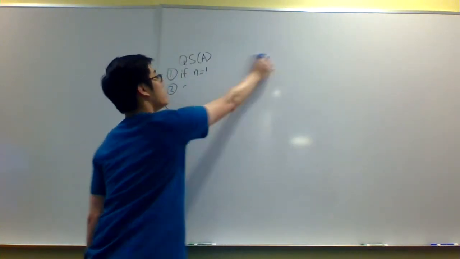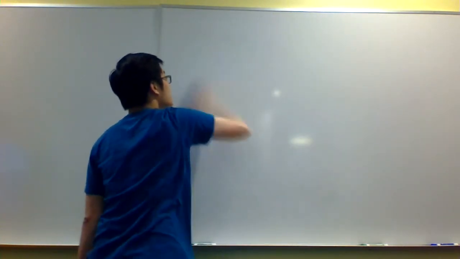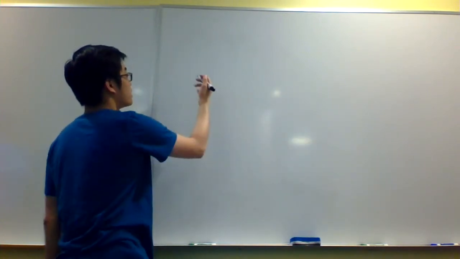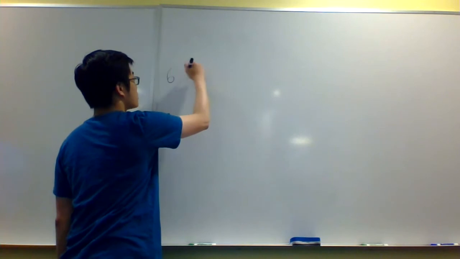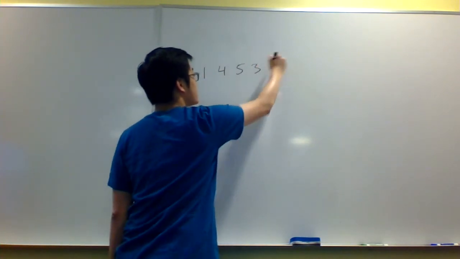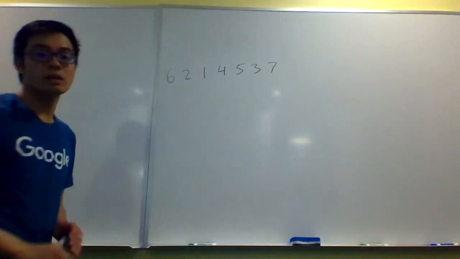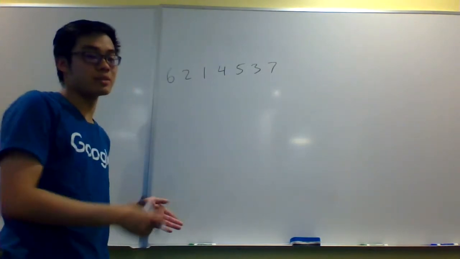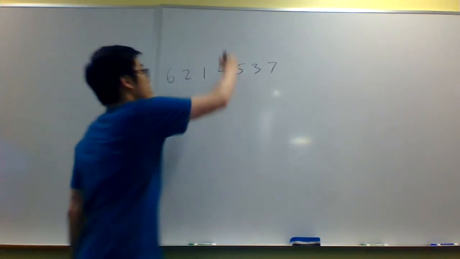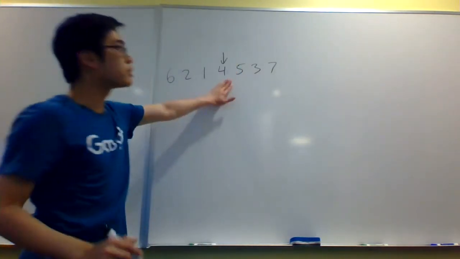We'll just look at the integers 1 through 7. They're given to us in some random order, right? Let's say 6, 2, 1, 4, 5, 3, 7. I'll just always pick the actual middle element as a pivot just to make this go faster, just for the example. So in this case, that's 4. It's going to be our pivot.